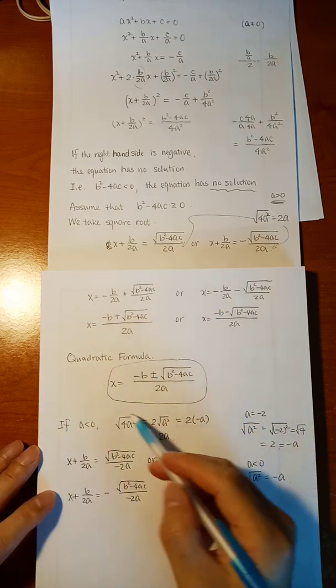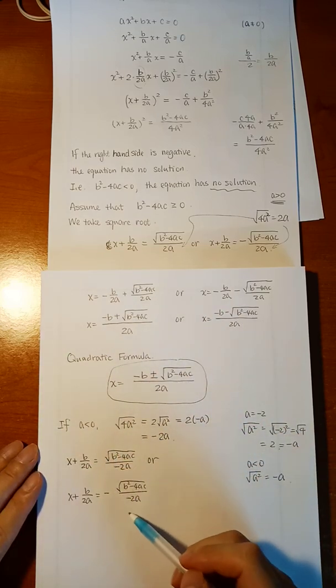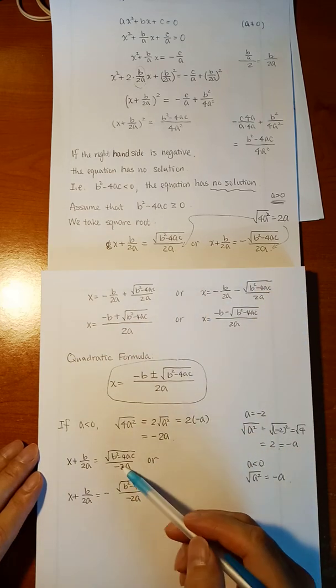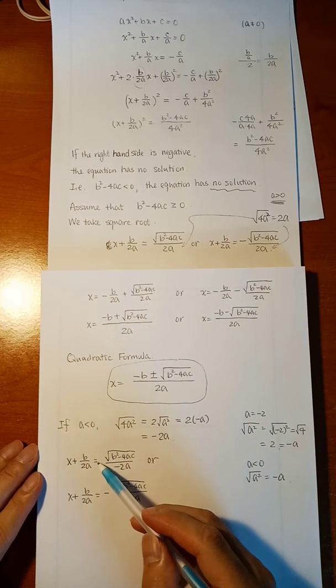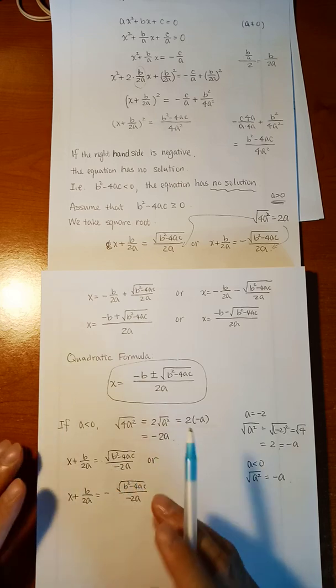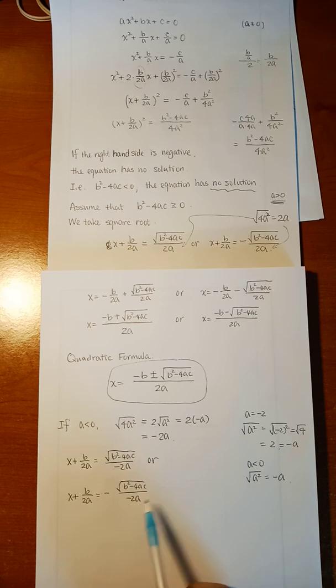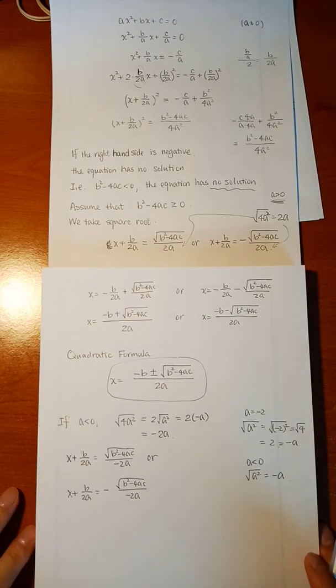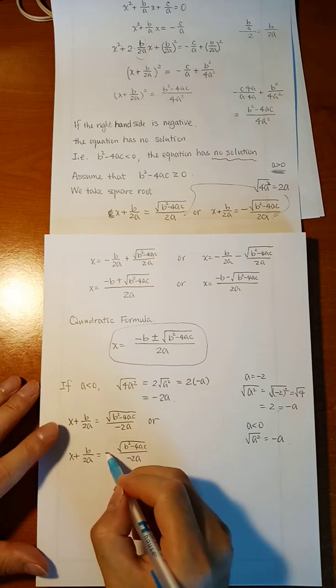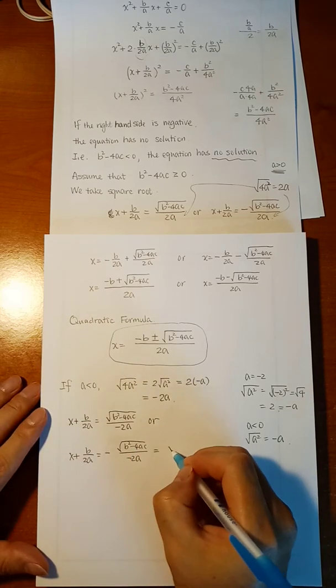So this discussion only changes the denominator. Here the denominator is 2a, here the denominator is negative 2a, but you still have a positive square root and a negative square root. These positive and negative signs are not related to a, they are related to the square root process. Okay, and you cancel this negative negative, you will get positive.